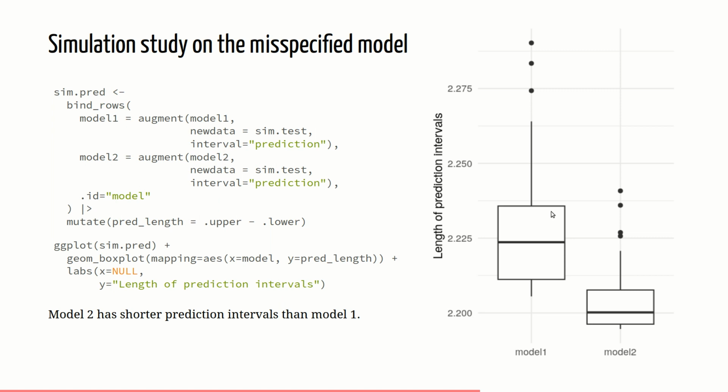Model 2 is biased because we're ignoring the effect of x2, but the prediction intervals we get from model 2 are shorter. The reason is that we haven't had to estimate the effect of x2, and because the effect of x2 was small, our overall prediction interval length is still shorter. So even though we're biased, we've got less variation, less uncertainty in this model.